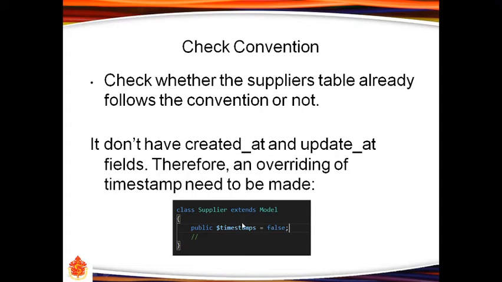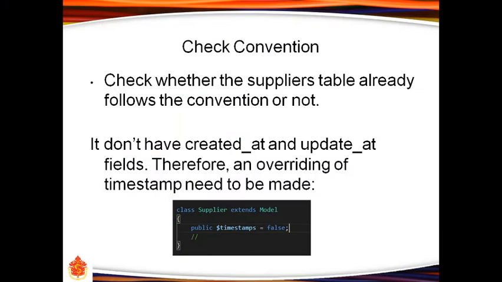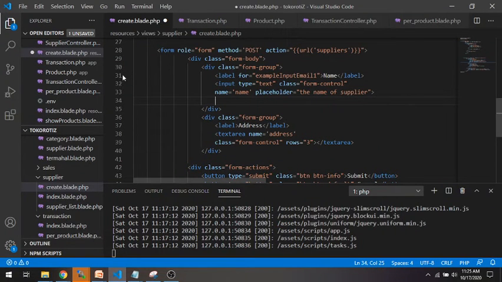Okay, public timestamps equal to false. You can reread the PowerPoint slides in maybe week 2 or week 3 about overriding the table. Okay, we put this one, public timestamps equal to false, in suppliers.